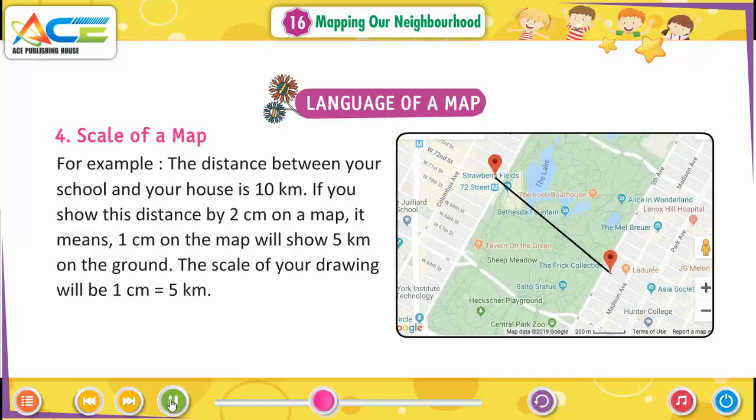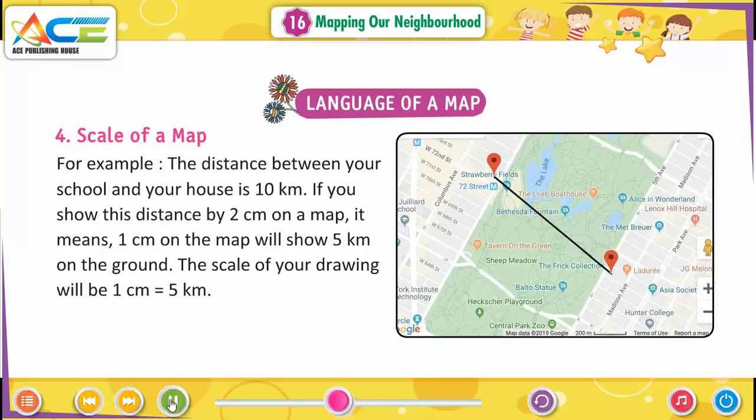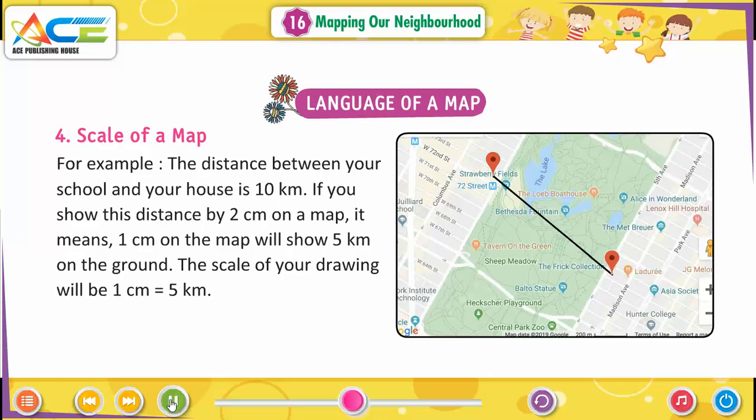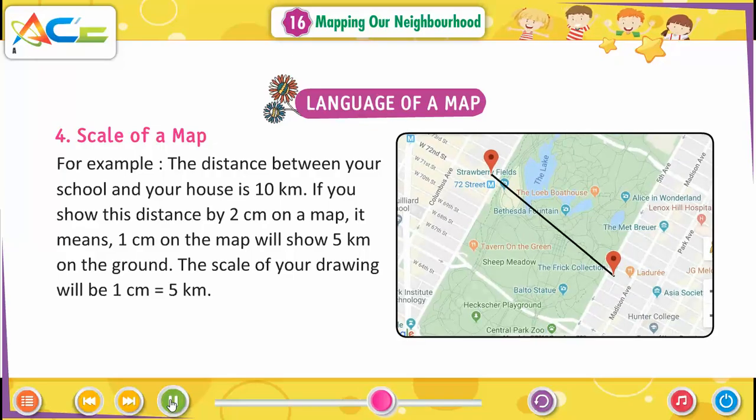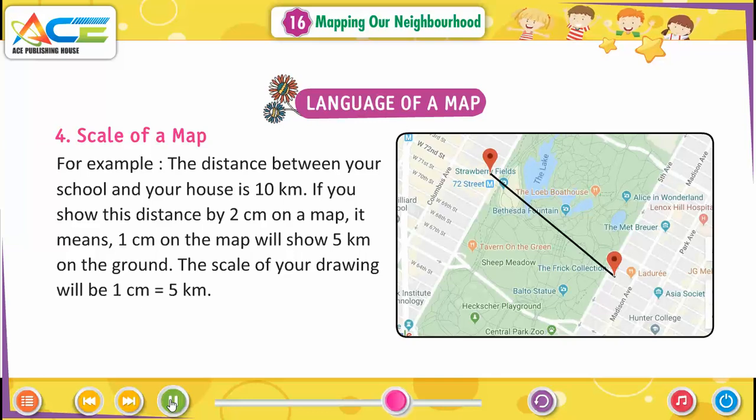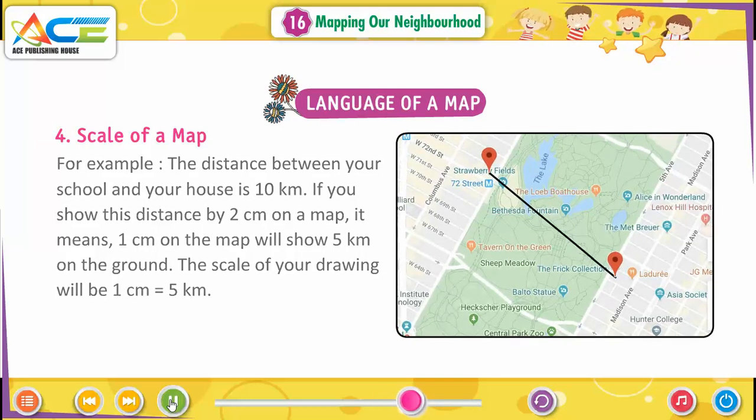For example, the distance between your school and your house is 10 kilometers. If you show this distance by 2 centimeters on a map, it means 1 centimeter on the map will show 5 kilometers on the ground. The scale of your drawing will be 1 centimeter is equal to 5 kilometers.